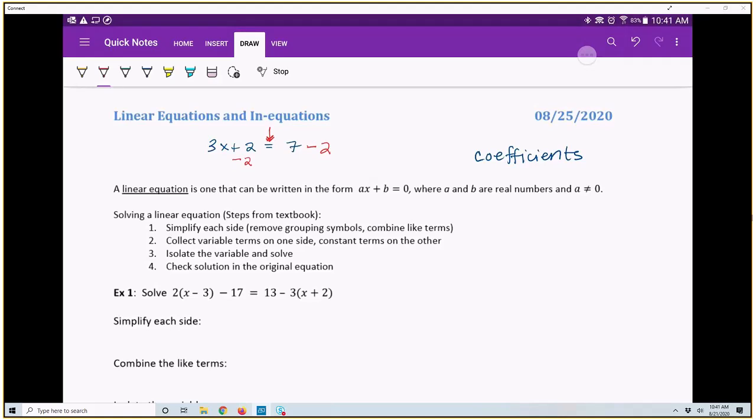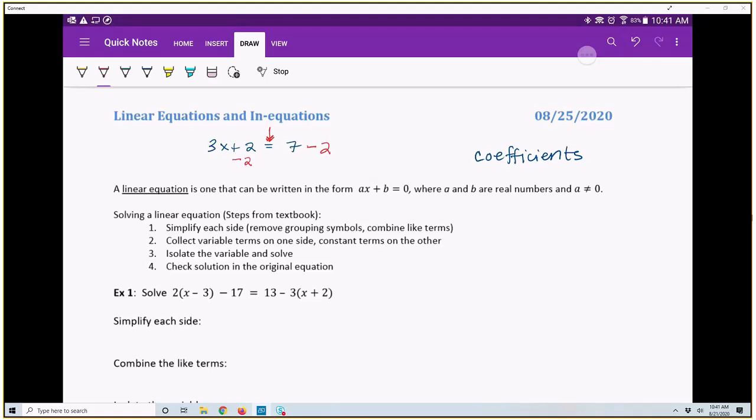So we have some steps here for solving these linear equations. Step 1, simplify each side. So before we start moving things to the left or to the right, we just want to make sure that each side is as simple as possible before we get started. Then the second step is to collect variable terms on one side and constant terms on the other.